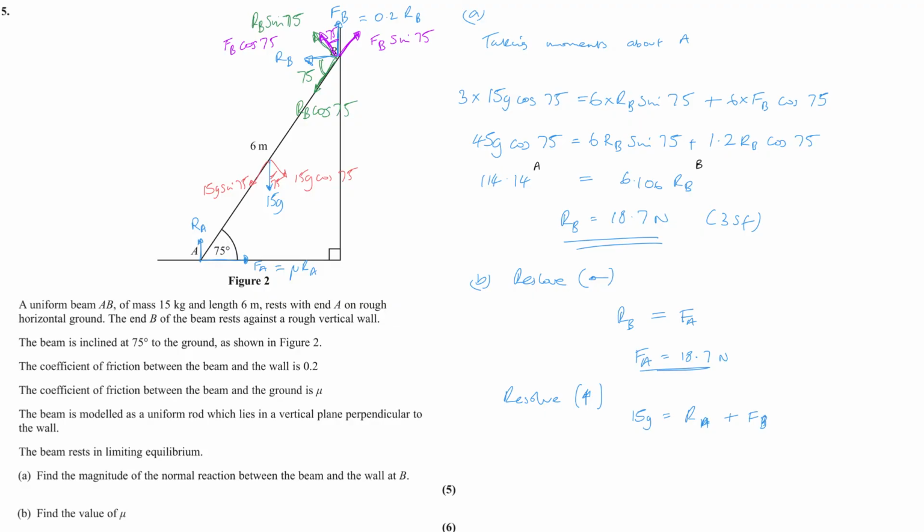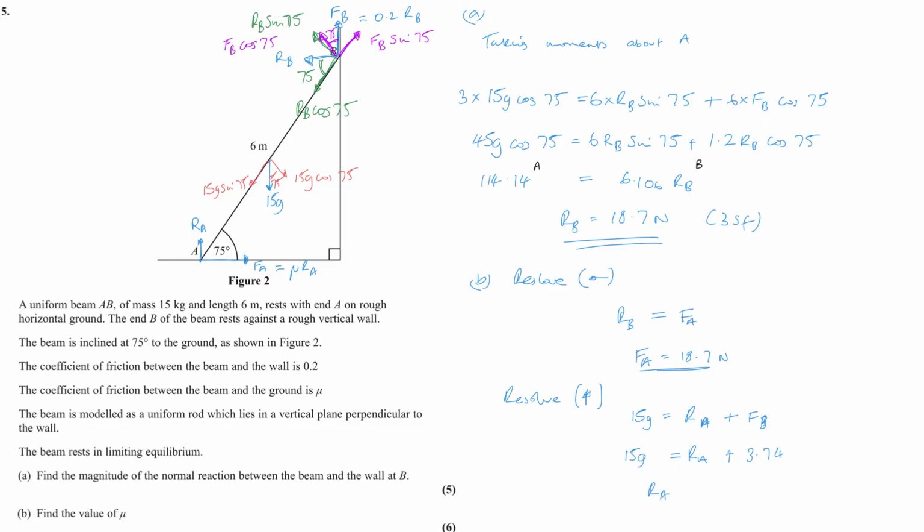Now, FB is 0.2 RB, so take RB times by 0.2 and we get FB, so 3.74, and that plus RA is 15g.